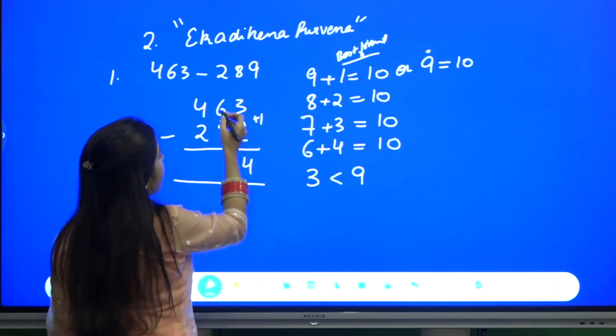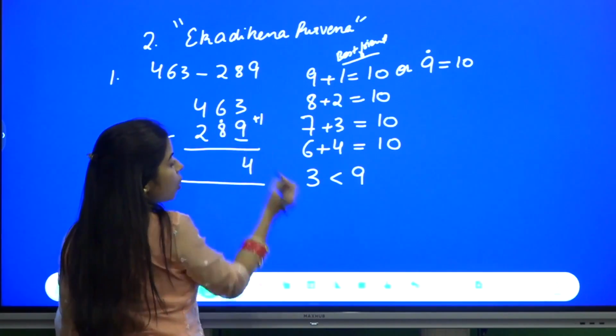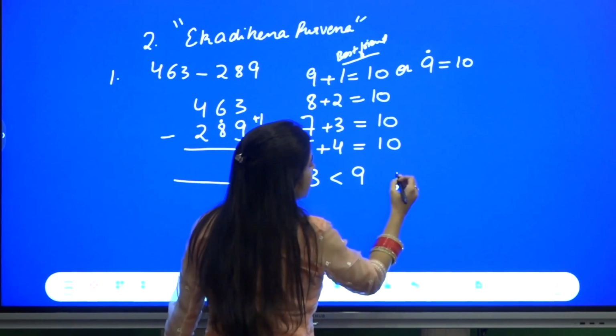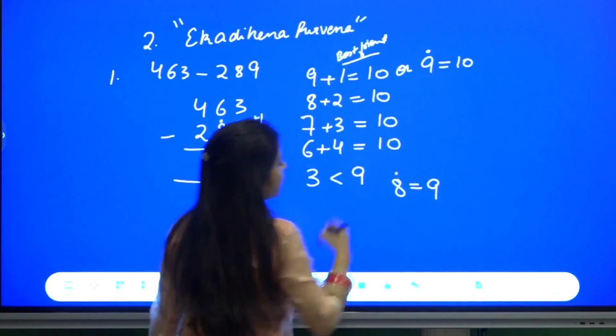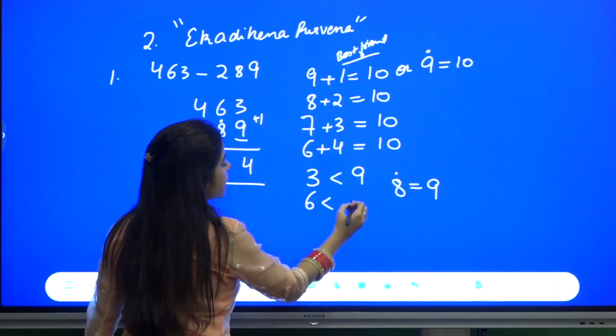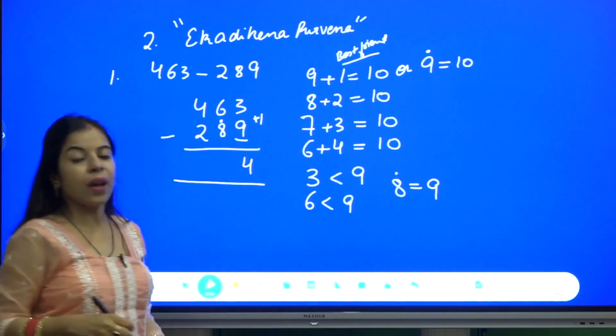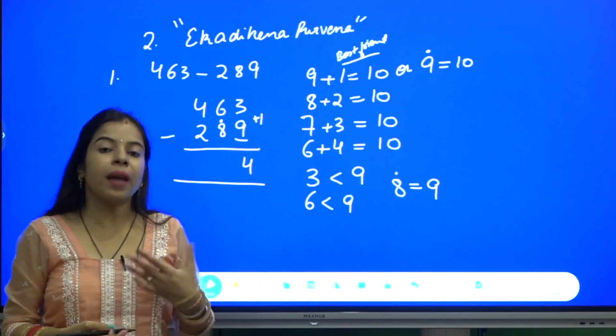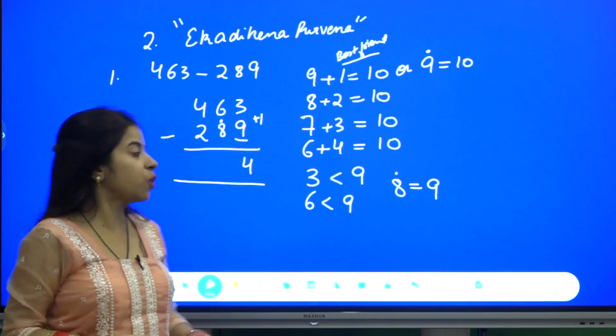So this will become 6 plus 8 dot, which is 9, and again 6 is less than 9. So again we take the help of the best friend of 9.